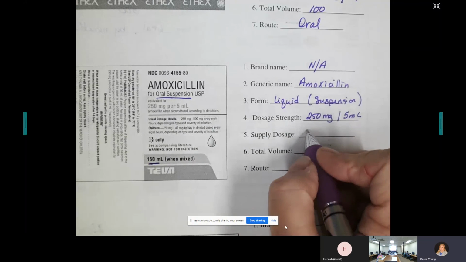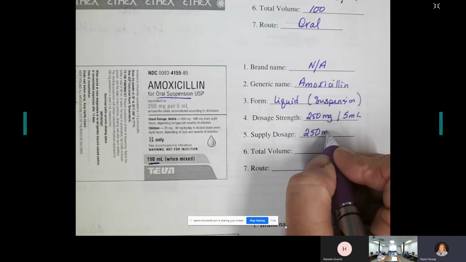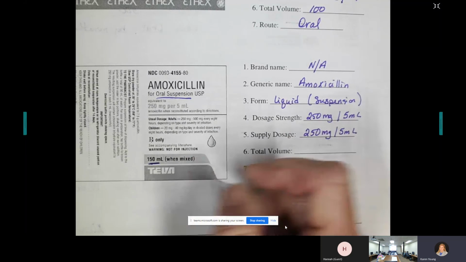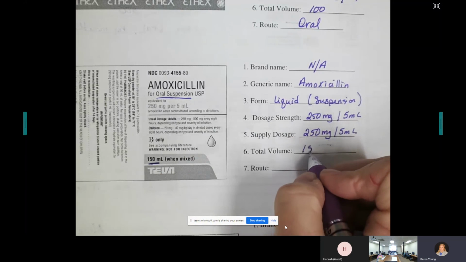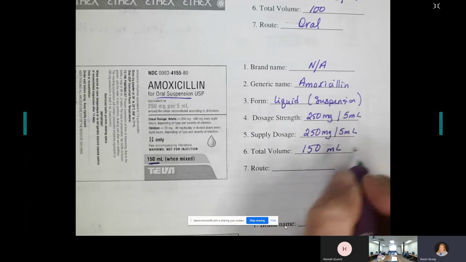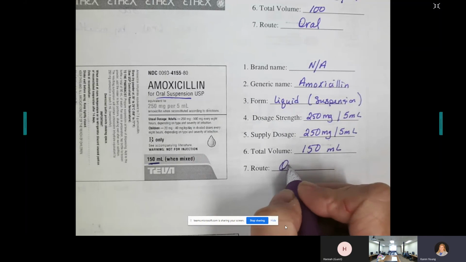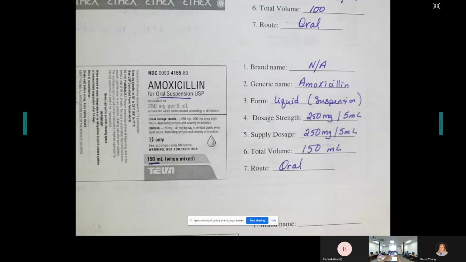And then my supply dosage is going to be the same thing. And my total volume is 150 milliliters. Now, what's my route on this one? Oral, because it's an oral suspension.